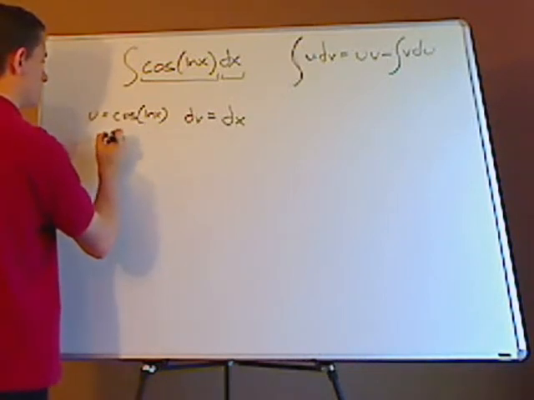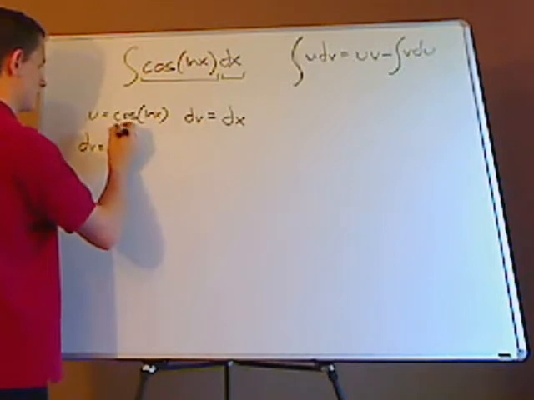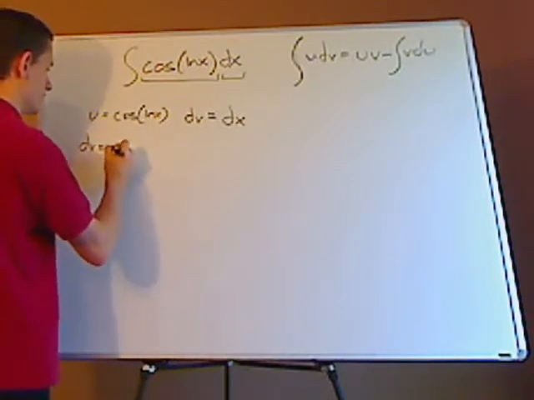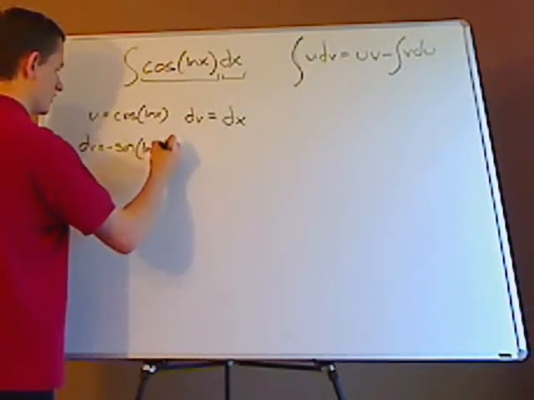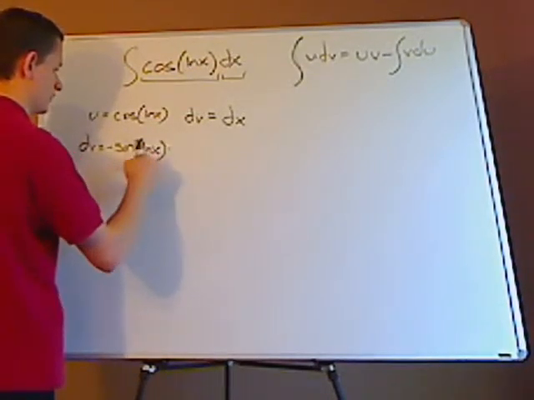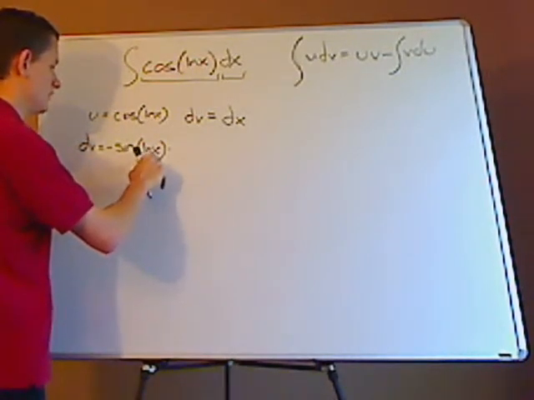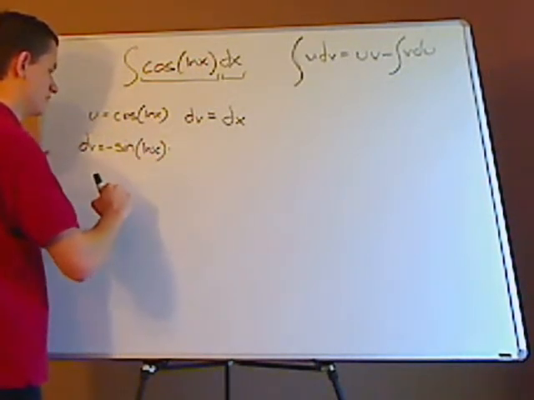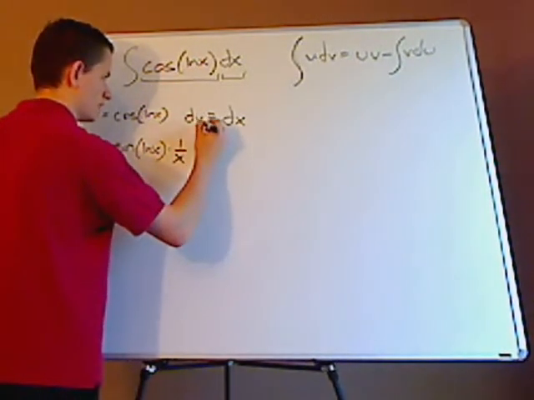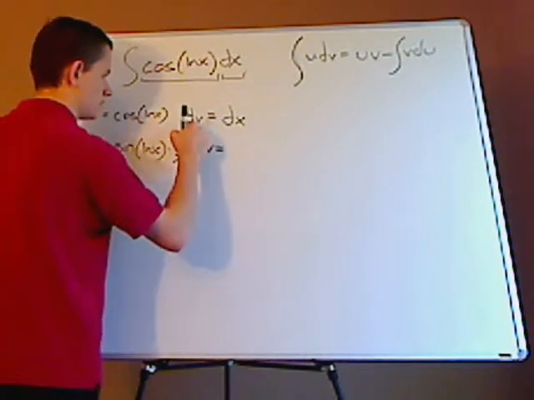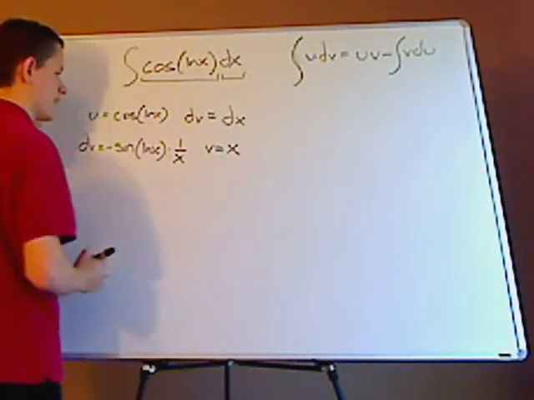So then what you do next is you take the derivative of the outside, which should be negative sine natural log of x, times, as you're using the chain rule, the derivative of the inside, which is 1 over x. And dv, when integrated, you integrate both sides, you get v equals x.